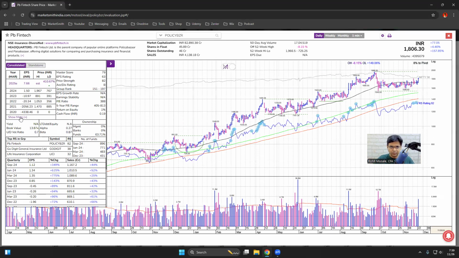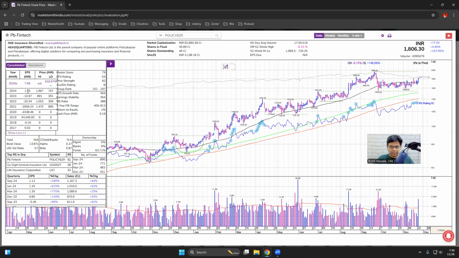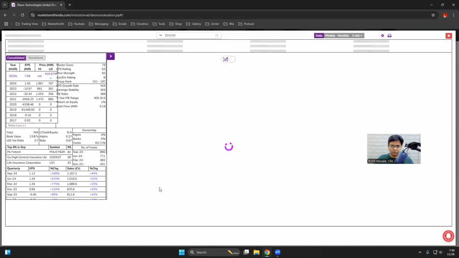But wait, look at the annual EPS. 6 out of 7 years, it's negative EPS. Okay, but in Dixon, all 6 out of 6 years have been profitable, plus they are growing. Okay, so the important point to look for is not just quarterly growth, also annual growth.